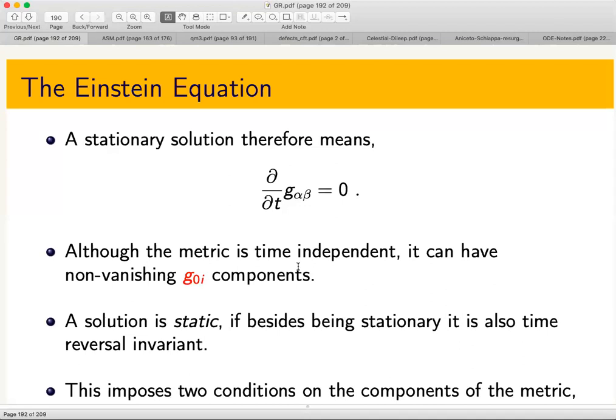Is that okay? Now if you do a time reversal transformation, then dx0 goes to minus dx0. You want your solution to be invariant under time reversal transformation, meaning d tau squared is not affected by this transformation. That can only happen if G0I goes to minus G0I, such that G0I flips sign, dx0 flips sign, and G0I dx0 dxi does not change sign.